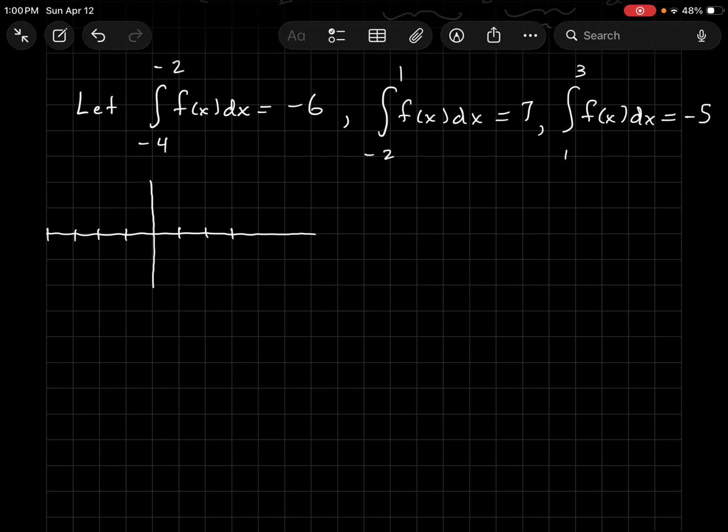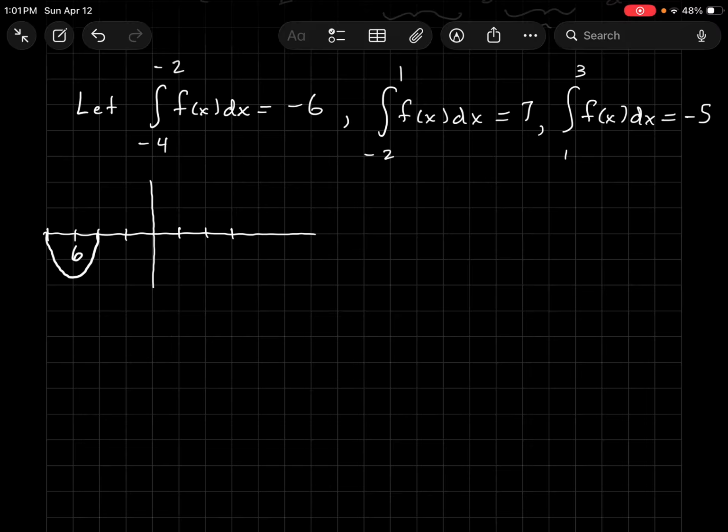And it says the integral from -4 to -2 of f is -6. So I'll pretend, just for the sake of argument, that the graph looks like this. And I'm going to put a 6 there. Now 6 is going to be my physical area. Physical areas are always positive.